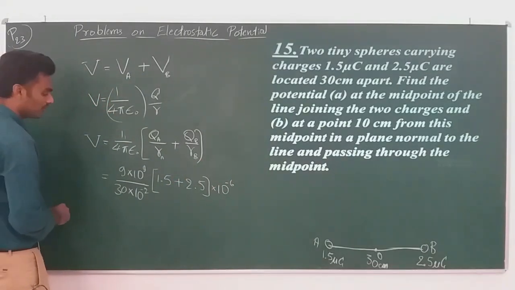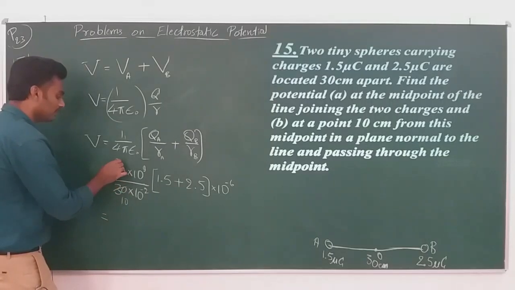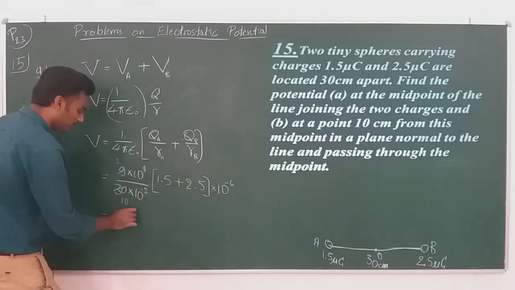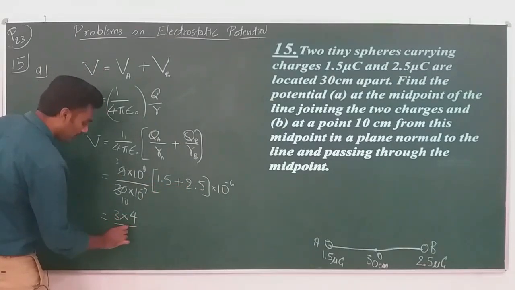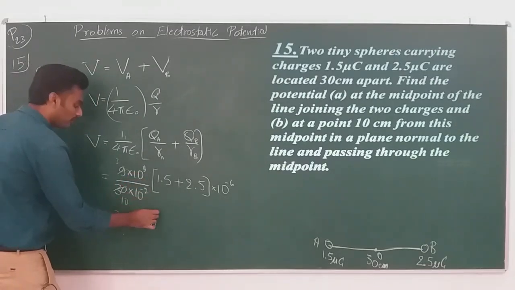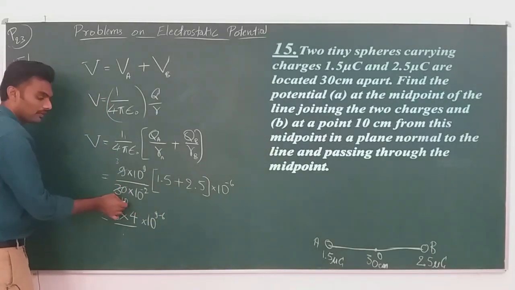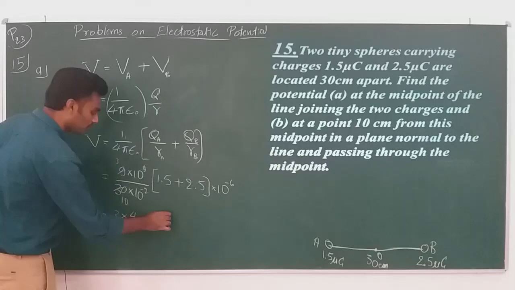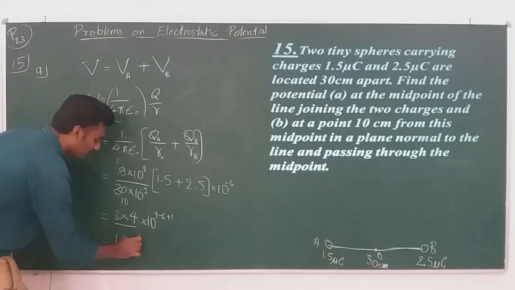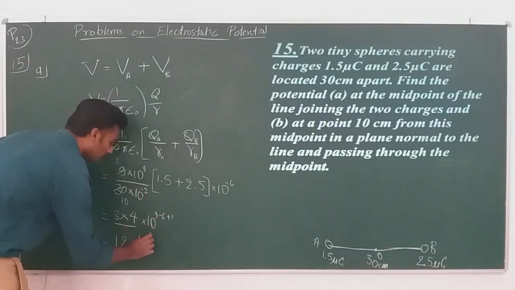And now let us simplify. So, it is 3 tens are 3, 3s are, which is 3 into 1.5 plus 2.5 is 4 by, okay, let me put all the powers of 10 now. 10 to the power of 9 minus 6 minus 2 plus 1 is minus 1, coming to the numerator becomes plus 1, which is equal to 12 into 10 to the power of 9 minus 6 plus 3, 3 plus 1, 4.